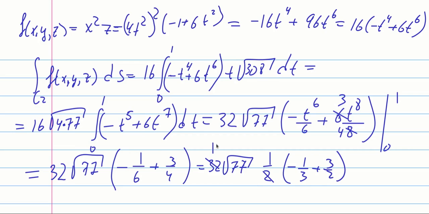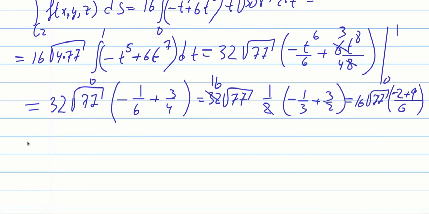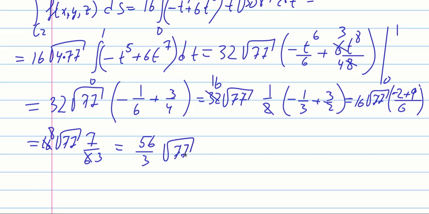So this cancels out, and here we're going to create a common denominator, so it's negative 2 plus 9 over 6. And you can see we get the same answer as before. 7 over 6, and 6 we can divide, so we have 56 over 3 square root of 77.